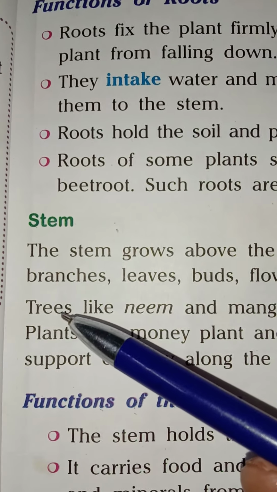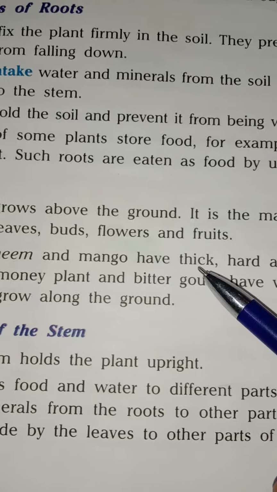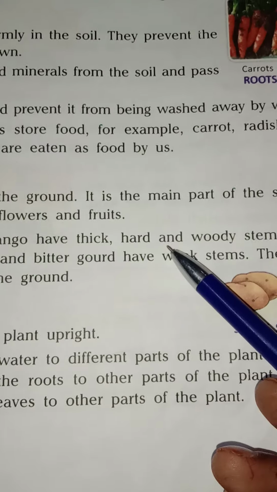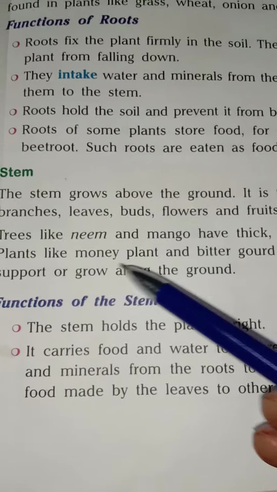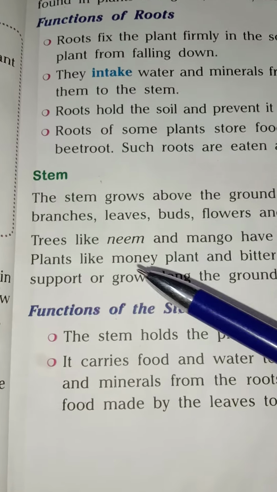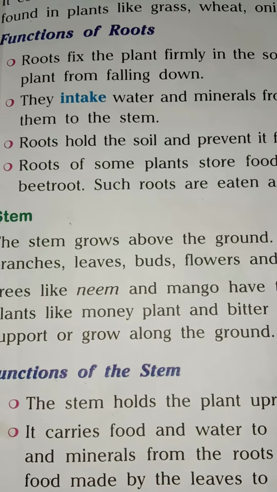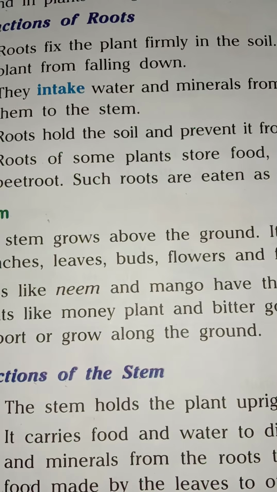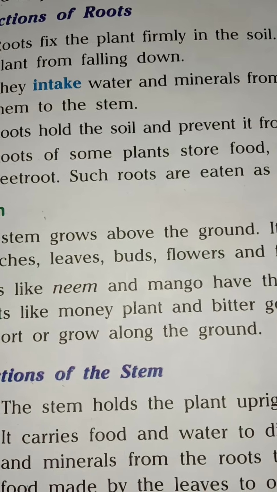Now, student, trees like neem and mango have a thick, hard and woody stem called trunk. Trees are big and tall plants. They have a very thick, woody and hard stem called the trunk.